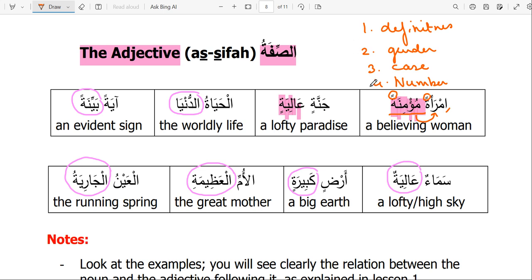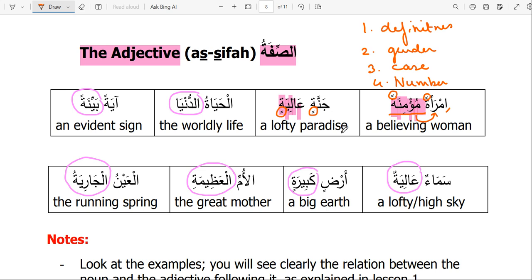So jannatin aliyatin, as you can see, the feminine noun, singular, singular, number and gender and nakira, nakira, everything is matching. You can match it. It is just a mirror image. So a lofty paradise.